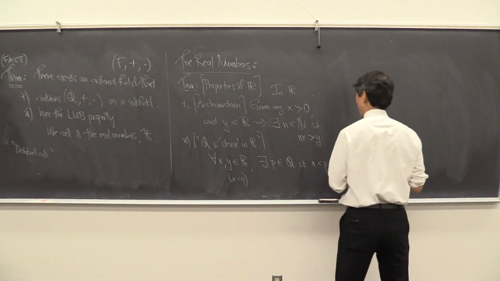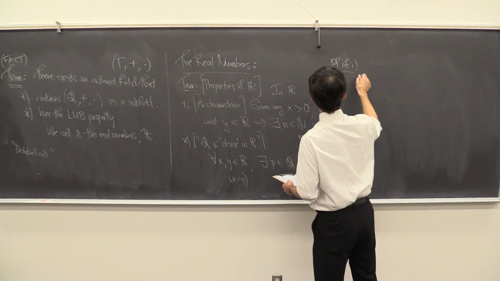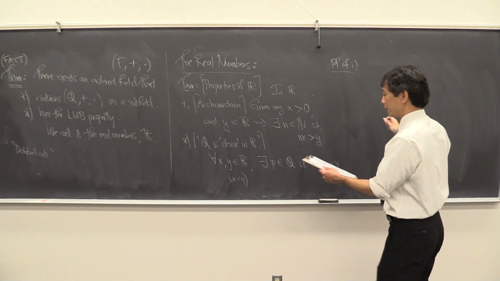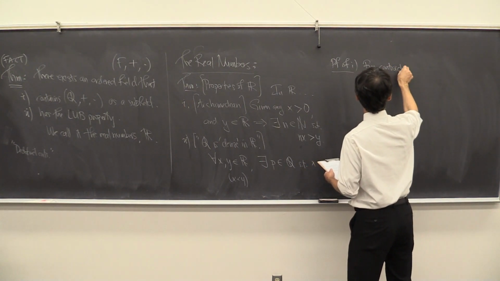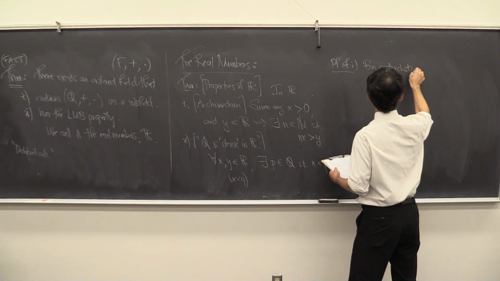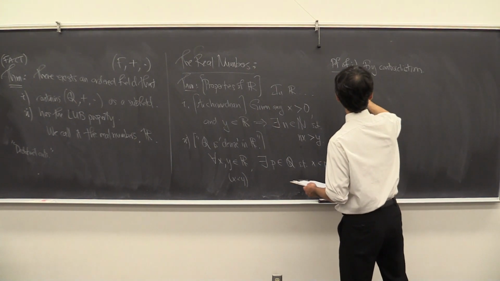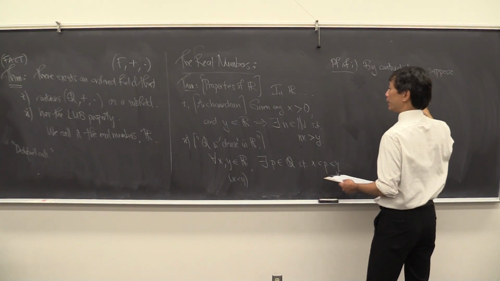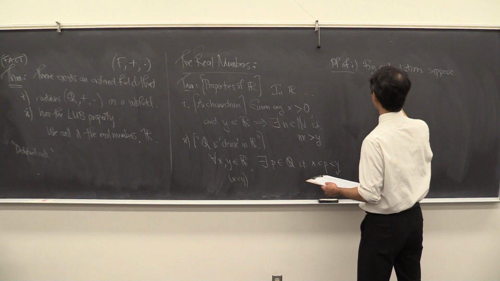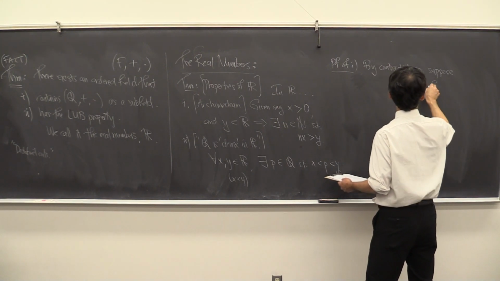Okay, so the proof for the first one. We're going to do it by contradiction. So suppose that nx is less than or equal to y for all n.